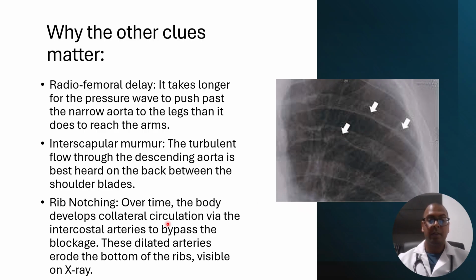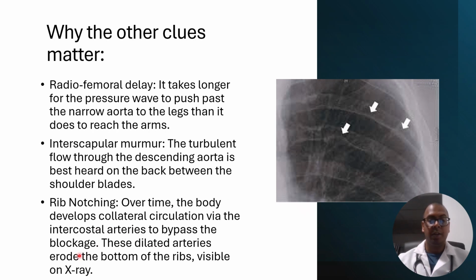So what happens here is over time, the body develops collateral circulation via the intercostal arteries to bypass the blockage that is at the level of the coarctation, just in an effort for the lower body to receive more volume.